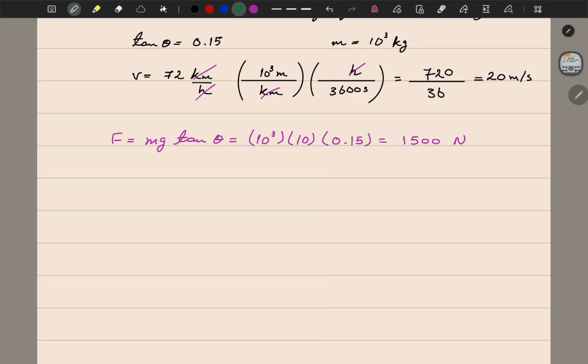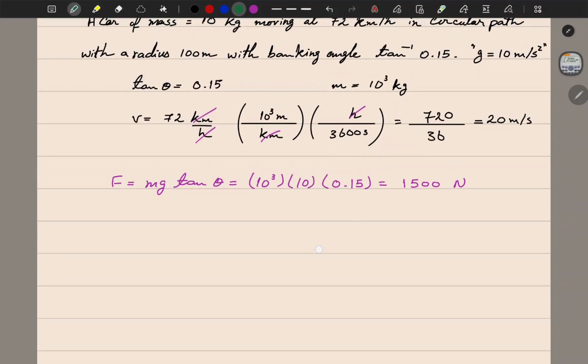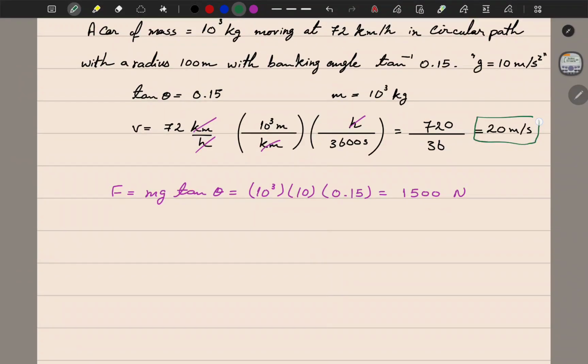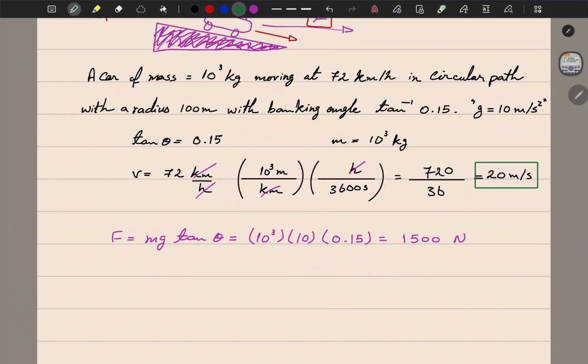Now let's see if this velocity, the velocity that the car is moving at, is suitable for this road with this banking angle.